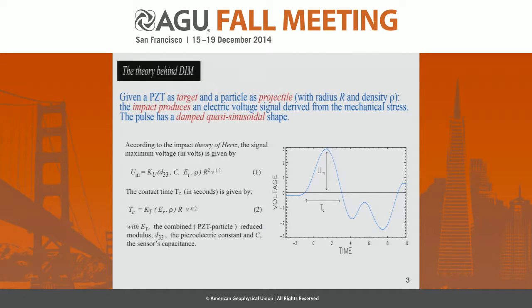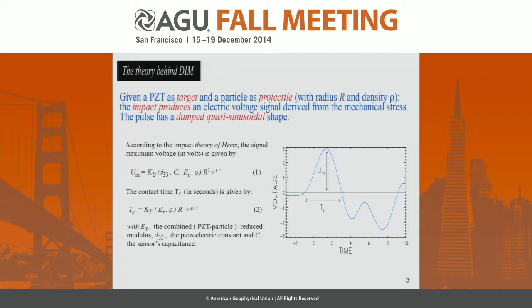Then we will have a pulse with a kind of damped quasi-sinusoidal shape, as you can see on the plot. What's important there is the amplitude that we see in this first jump of the signal, and the contact time, which is the width of this peak.